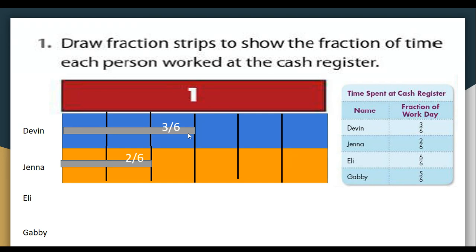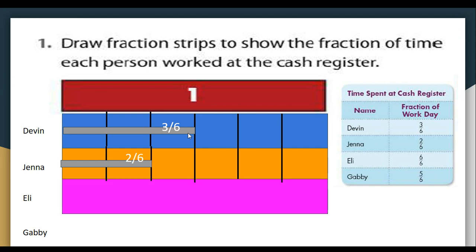Now, we're going to draw Eli's strip. Right underneath Jenna, you're going to draw another strip. Make sure it's pretty much the same size as the other 3 strips. And again, he also works 6 hours. He has 6 hours of his workday. So we're going to partition his strip into 6 parts of the whole.